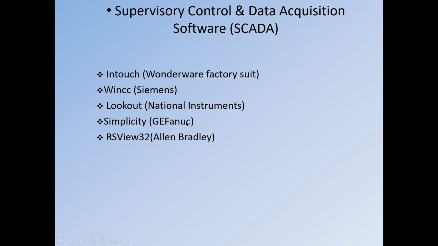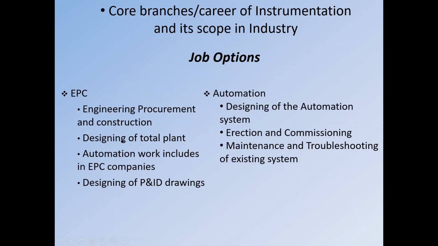GE, General Electric, produces Simplicity SCADA, and Allen Bradley produced RSView 32, which is right now obsolete, since it is not used in industry. Currently they use FactoryTalk, the name of the SCADA of Allen Bradley. They use FactoryTalk, not RSView.